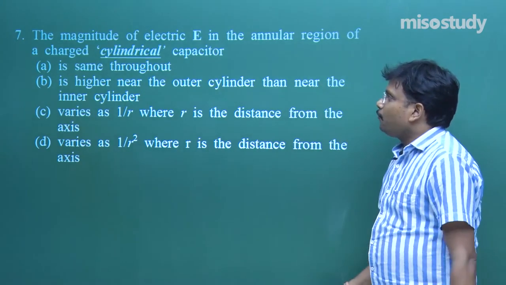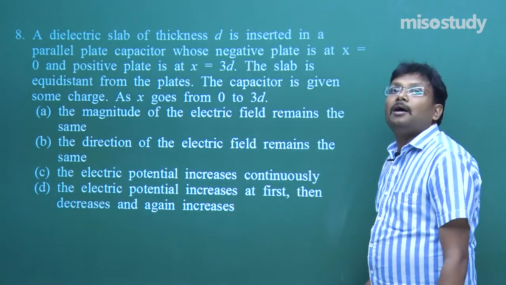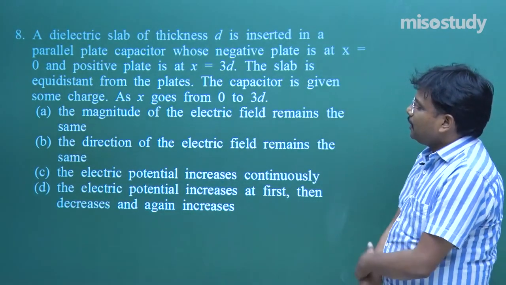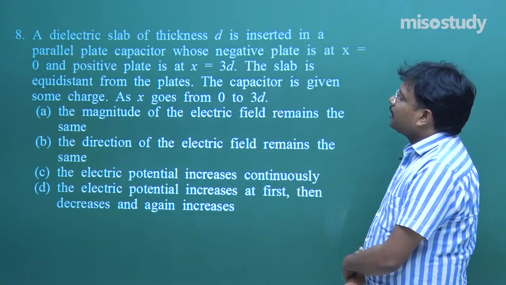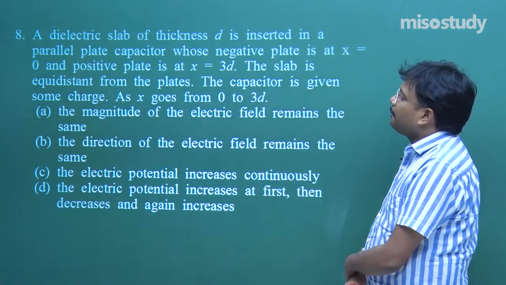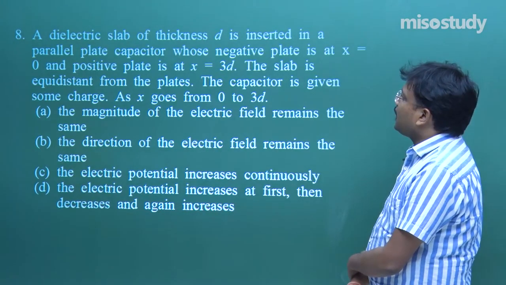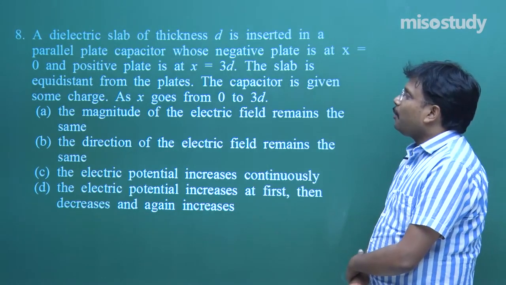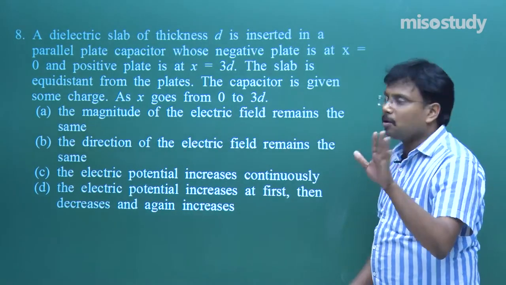So, now let us move to question number 8. In this question, what is given and what are we supposed to find out? A dielectric slab of thickness d is inserted in a parallel plate capacitor whose negative plate is at x equal to 0 and positive plate is at x equal to 3d. So, let me first draw this.